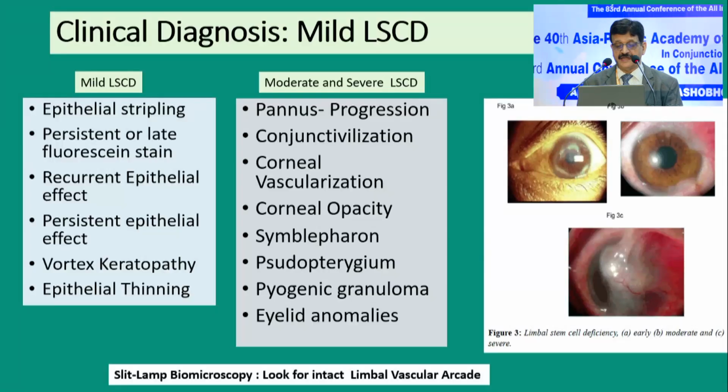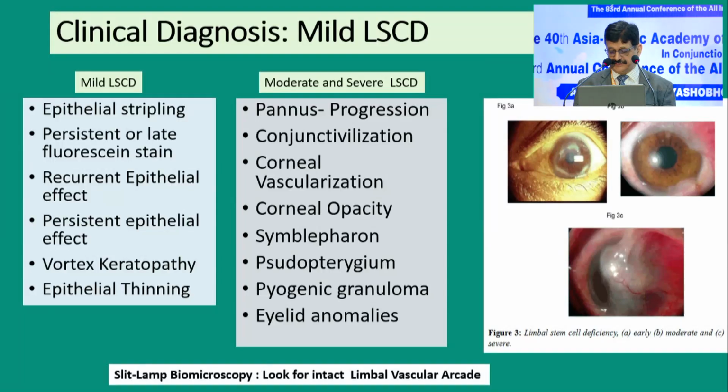But to find the subtle changes in the cornea suggestive of limbal stem cell deficiency, we should also look carefully at the limbus, especially the limbal vessels. Like the foveal avascular zone, you should give importance to the limbal vascular arcade, and if there are changes in that area, there may have been some chemical insult.